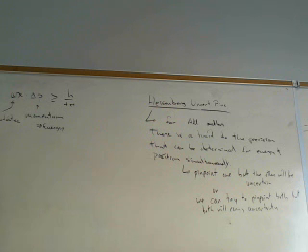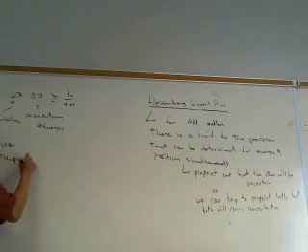For us, what would we most like to know? We want to know not the position necessarily, we want to know the energy. For us, we're going to pinpoint the energy.